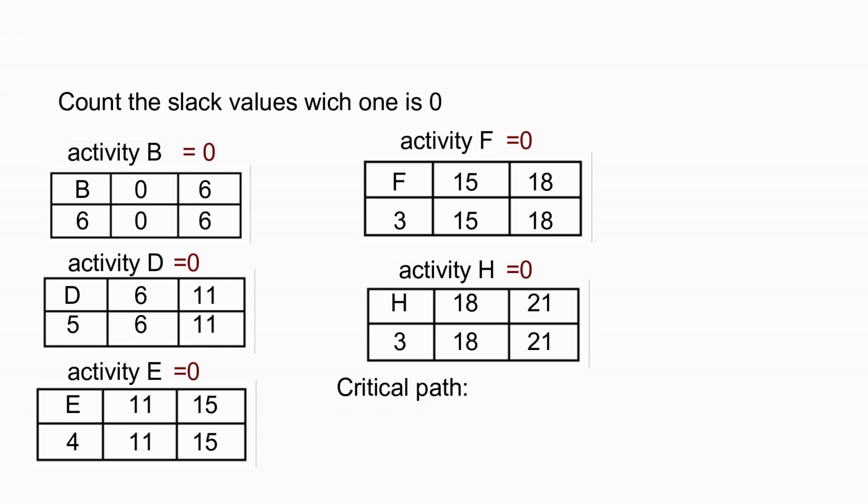Obviously, the critical path is the one whose slack value is 0. So the critical path is activity B to activity E, to activity F, and finally to activity H. So this is the critical path for this project.